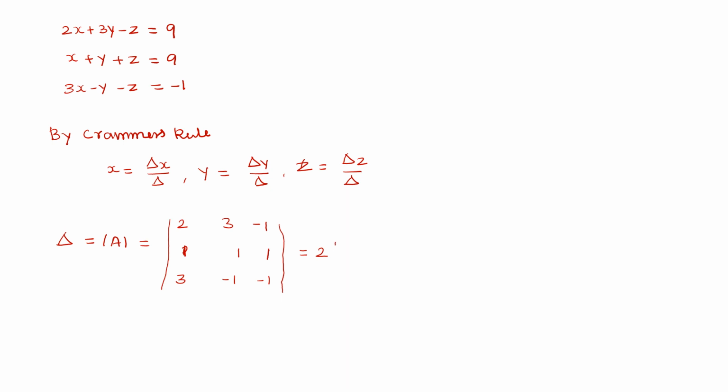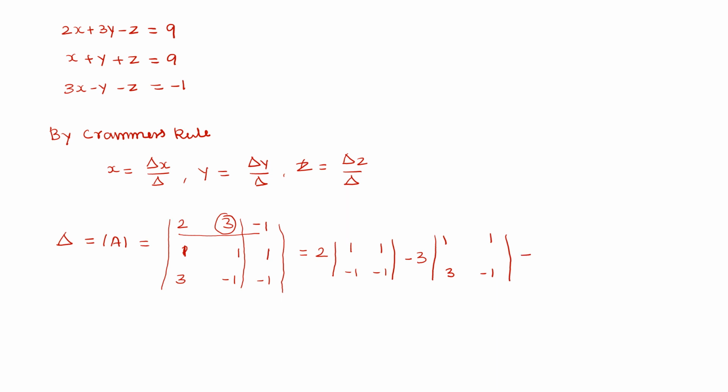I take 2 and its minor matrix: you remove the first row and the first column, and you get 1, 1, -1, -1. Then negative of 3. Now we find the minor matrix of 3: you remove the first row and the second column, the row and column containing the number, so we get 1, 1, 3, -1.